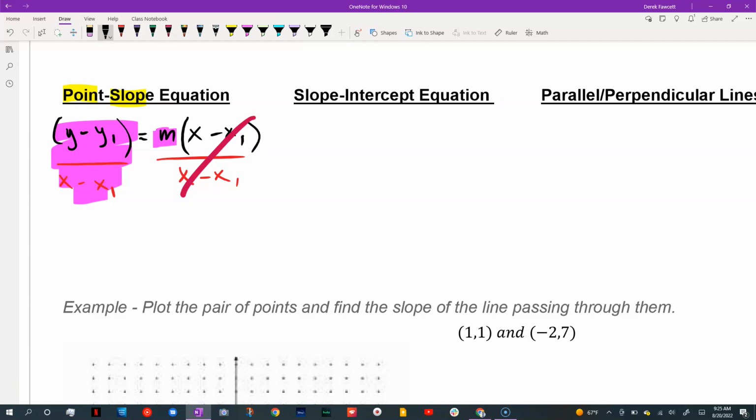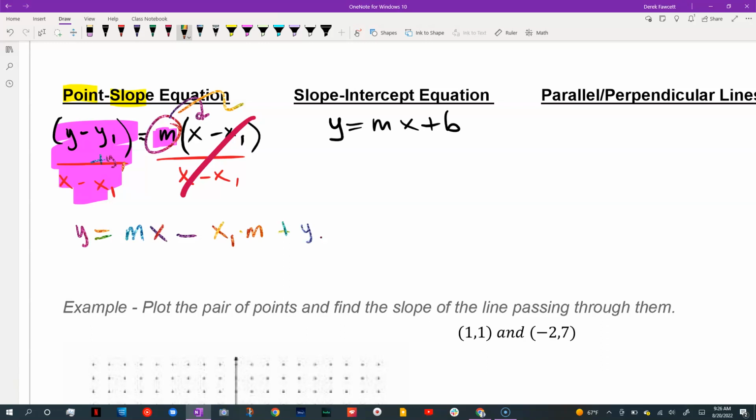Same thing for the slope-intercept form, y equals mx plus b. The slope-intercept form takes the point-slope equation and solves it. You multiply this in and add the y sub 1, so you'd have y equal to m times x minus x sub 1 times m plus y sub 1.